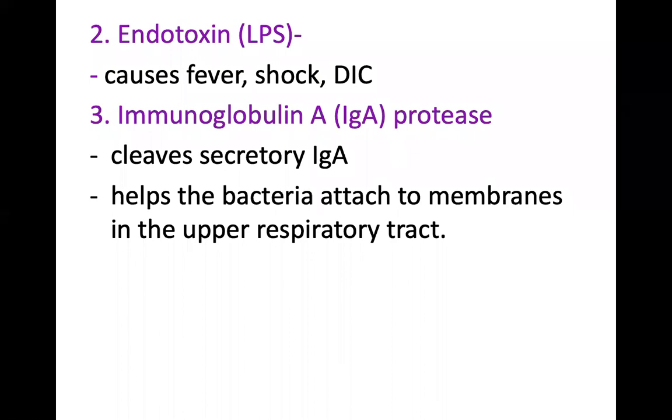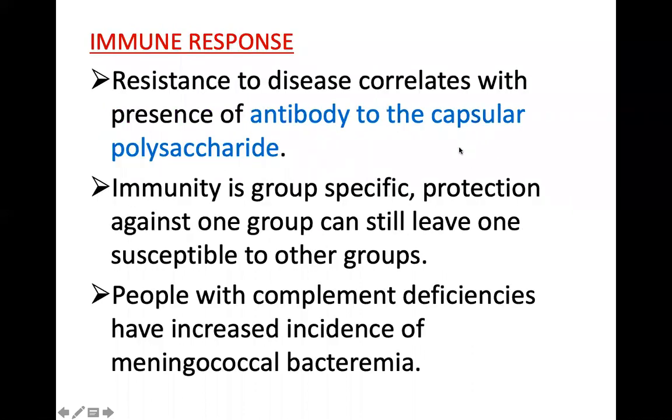This is one of the first-line host defense mechanisms that you'd get along mucosal cells. So once this IgA is broken down, this enables the bacteria to attach to the membranes and invade. Okay, so it's one of the enzymes that are produced that facilitate invasion of the pathogen into the host.